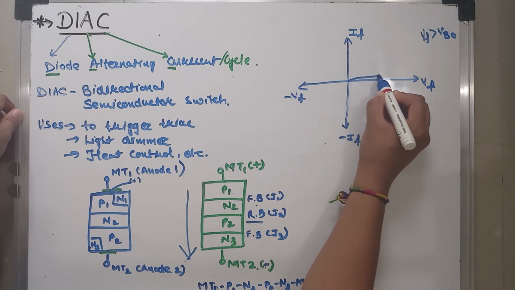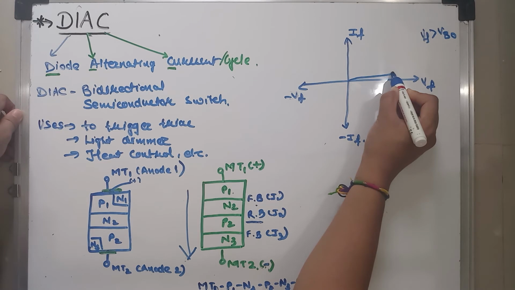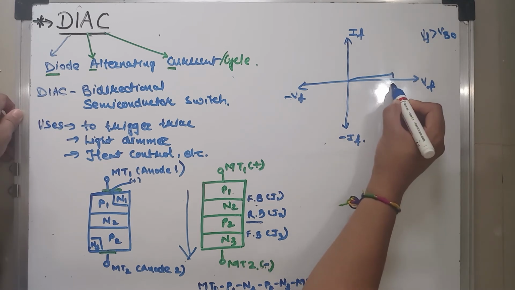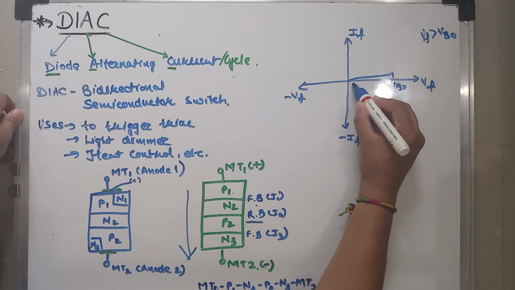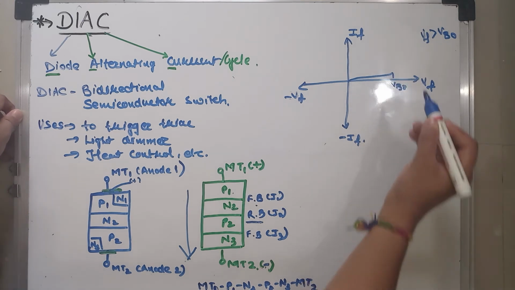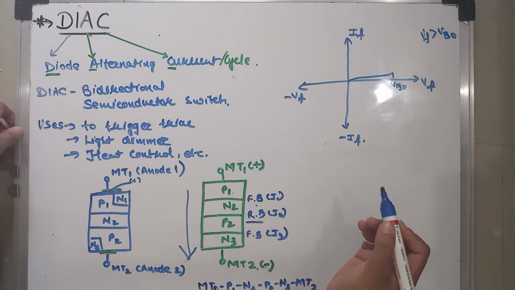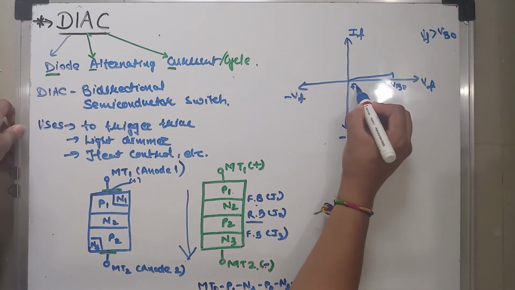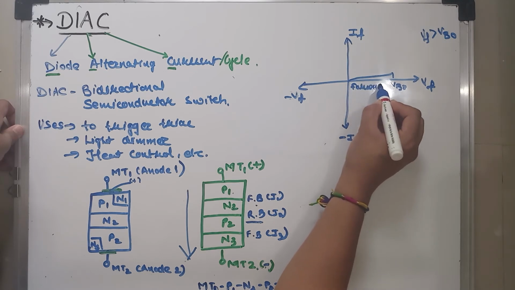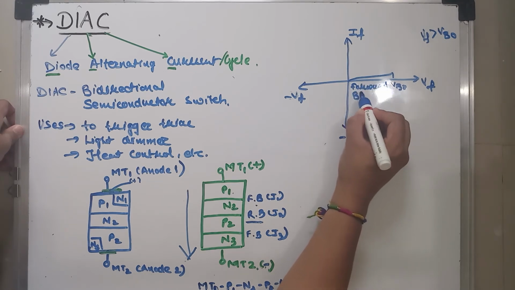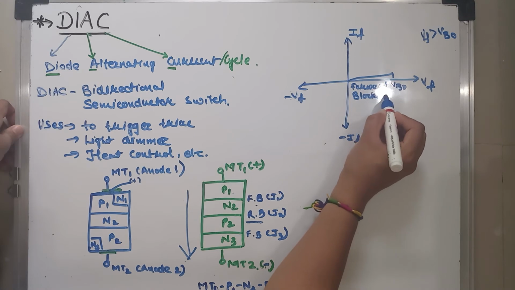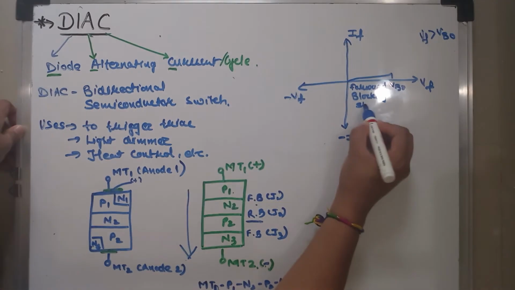When the applied voltage is less than the breakover voltage, a very small current flows due to thermally generated minority carriers, and it is called the forward blocking state or mode.